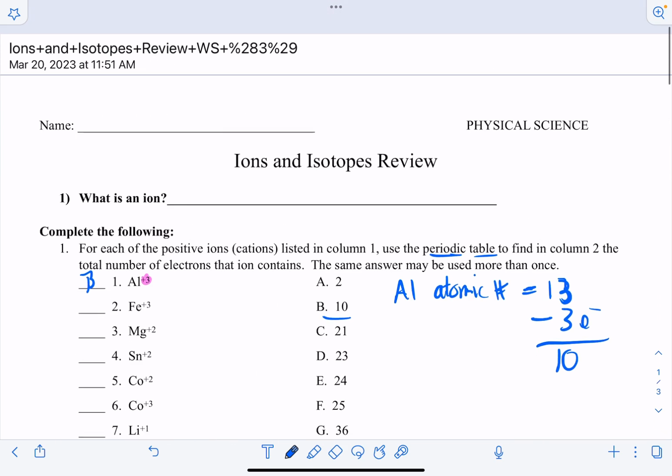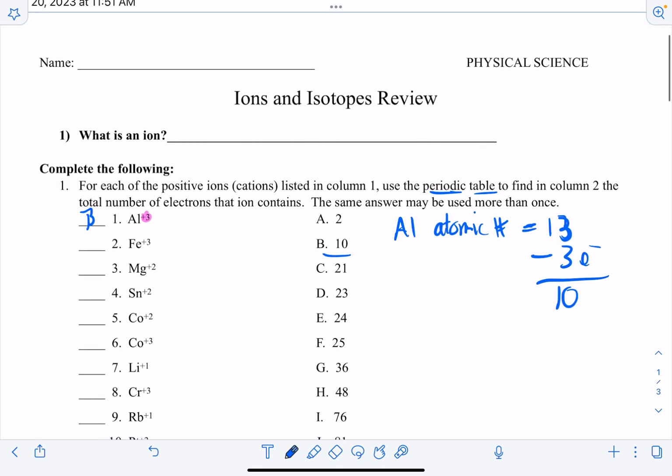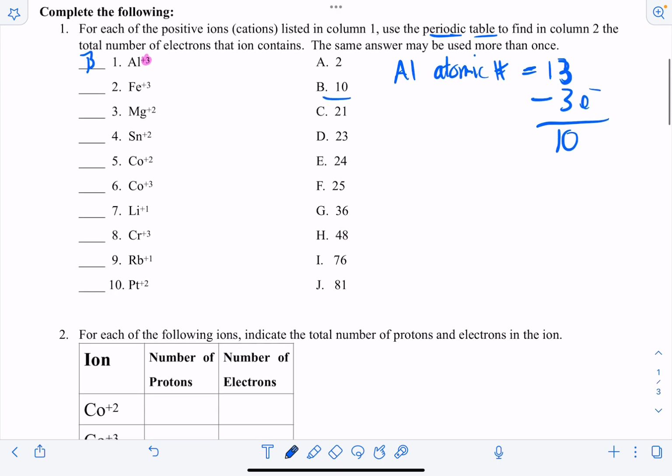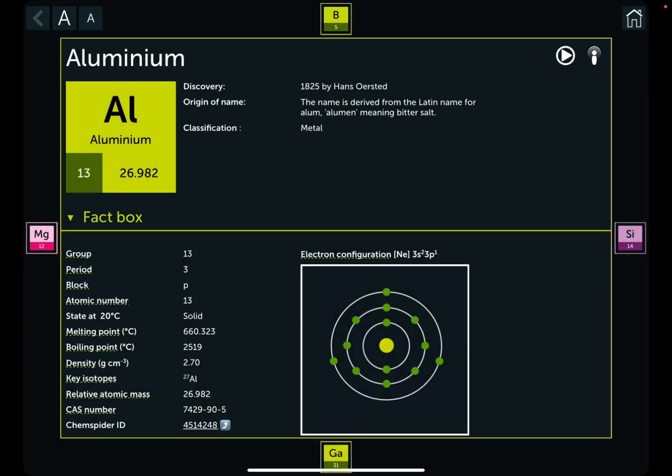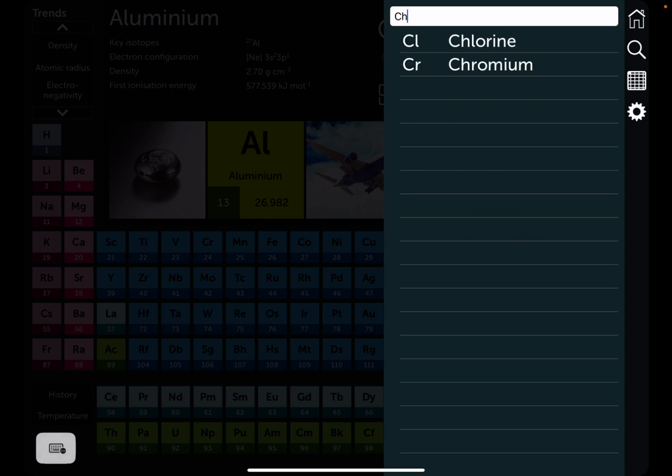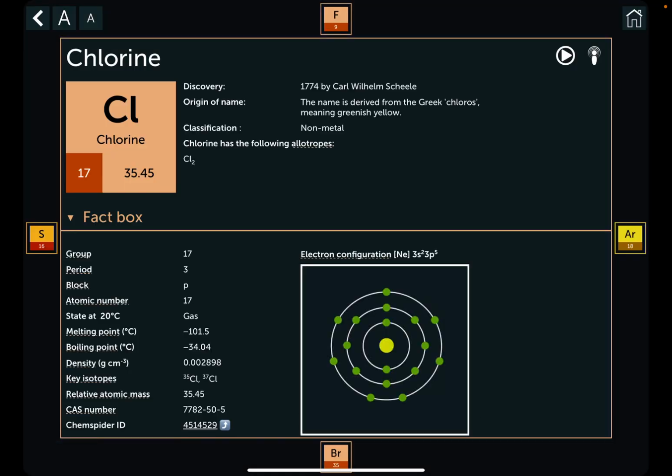Oh, and I'm assuming you guys can look at your notes to answer question number 1, which is, what is an ion? Okay, I'm going to show you how to solve this for chlorine. Notice that chlorine, if I go to the periodic table, has an atomic number of 17.